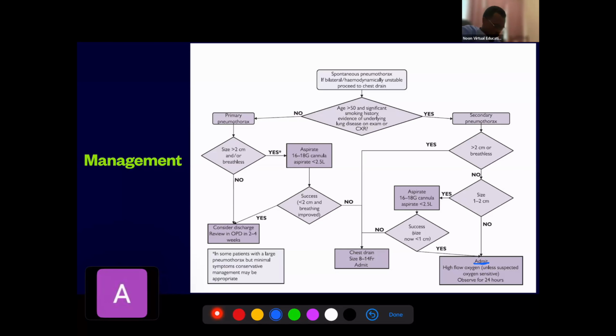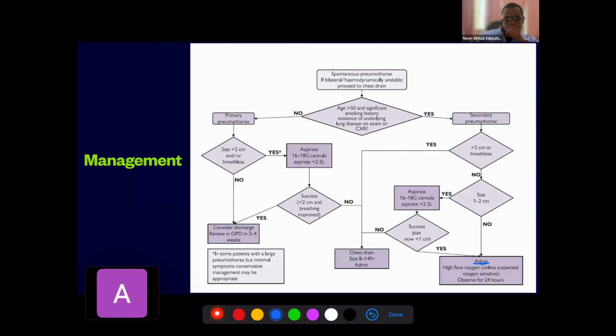Then if I have a primary pneumothorax with a patient less than 50 years old with no underlying lung disease, either a large pneumothorax more than 2 centimeters, or the patient breathless, or maybe hemodynamically unstable. In this case I do aspiration, less than 2.5 liters.